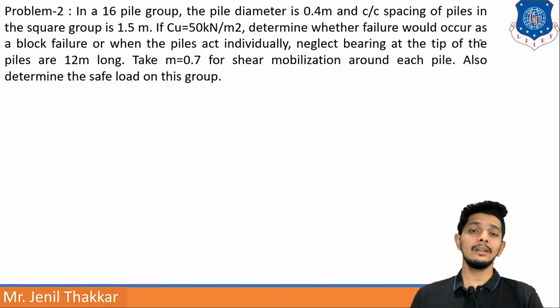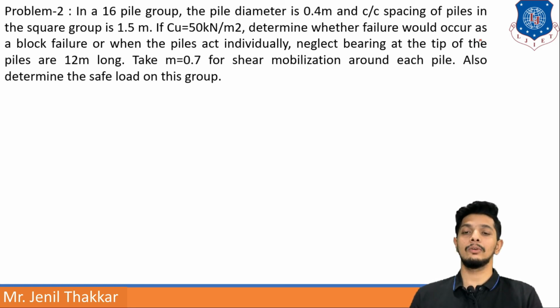So when will the failure occur, or when is the load lesser, if it is individual pile or a pile group. Moving forward, neglect bearing at the tip of the pile. So end bearing should be neglected, we are given a hint that it is a friction pile, and they are long, 12 meters. So the depth, or length, of the pile is 12 meter.